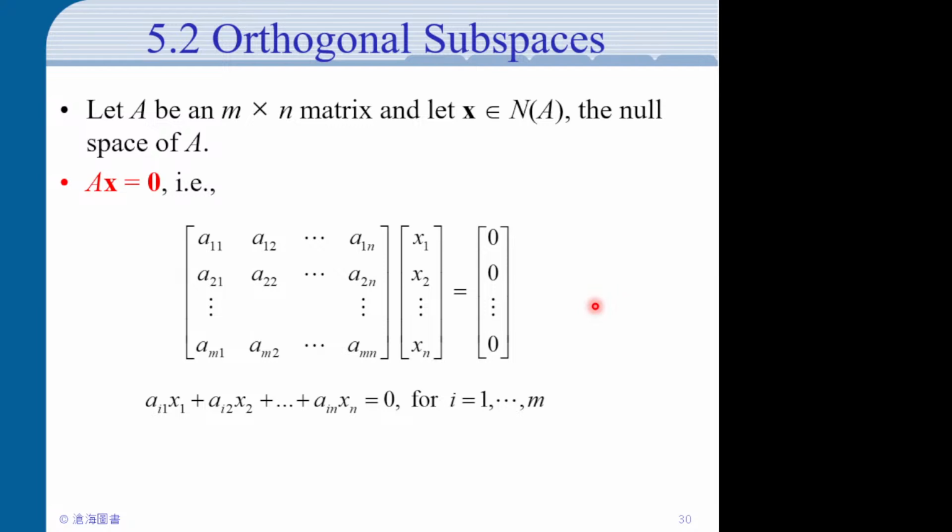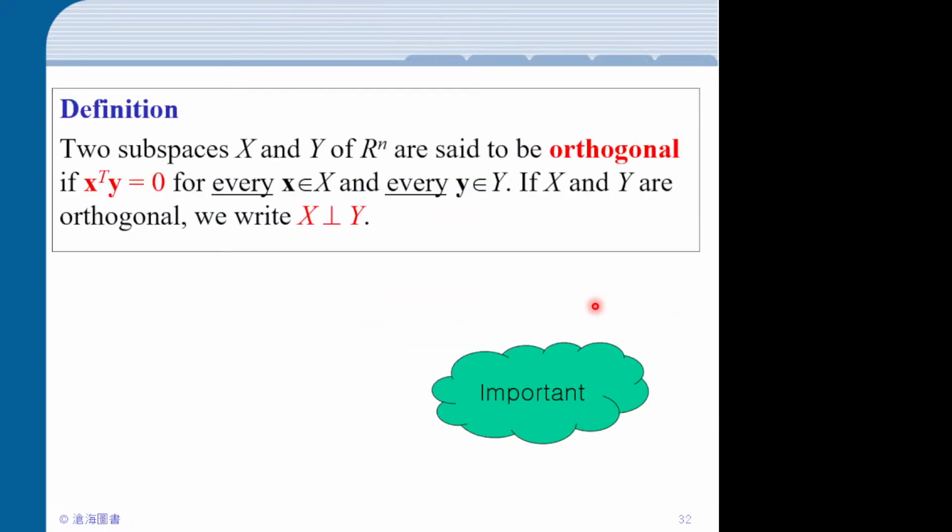We have orthogonal subspaces. Two subspaces are orthogonal if every element inside them is orthogonal. So everything inside X and everything inside Y have inner product 0. And this is a stronger thing than saying the two subspaces are different.